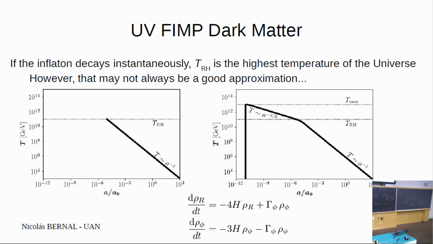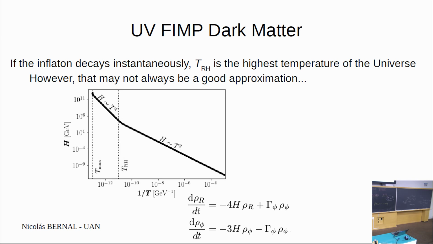And during this period of time between Tmax and T reheating, the temperature of the universe will not scale like 1 over the scale factor, but more like a power of minus 3/8 or so. So during this period the universe will not be dominated by radiation, but will be a mixture between the inflaton, so non-relativistic particles, and radiation. Now the Hubble expansion rate, when the universe is radiation dominated, scales as we know like T squared.